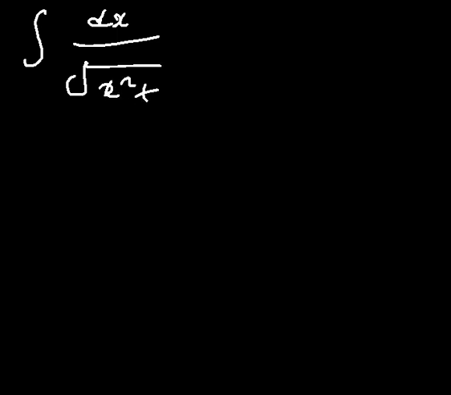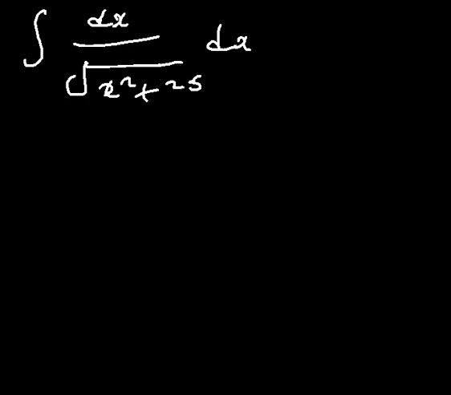Right, so in the same case we have the integral of dx over the square root of x squared plus 25 dx. So how do you think we should integrate this one? The principle remains the same. We use substitution with one tweak for this case.